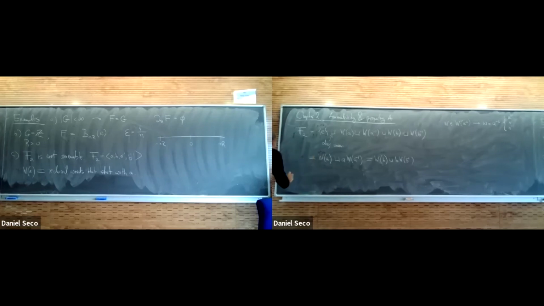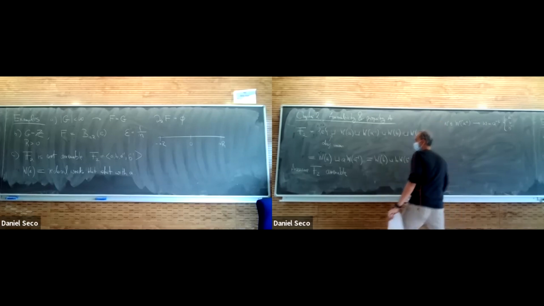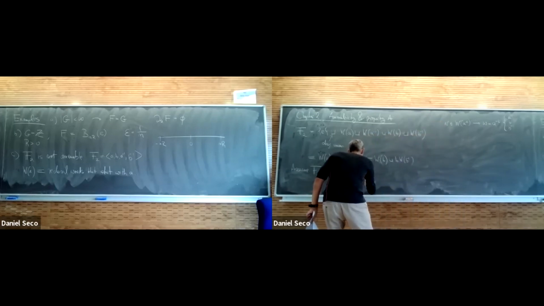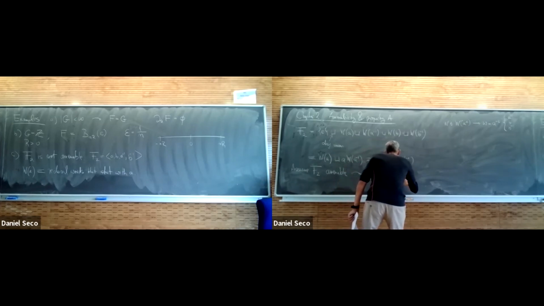And then assume that F2 is amenable. Then we have, after von Neumann, an invariant probability measure. So there exists an invariant probability measure mu.